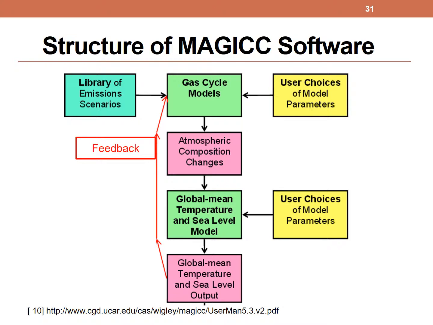This was to reflect the variability in climate sensitivity, and again to exhaust all options of what the future climate sensitivity could be. This then goes into the global mean temperature and sea level model and outputs the temperature and sea levels predicted.